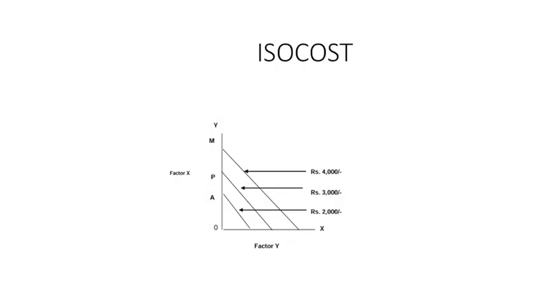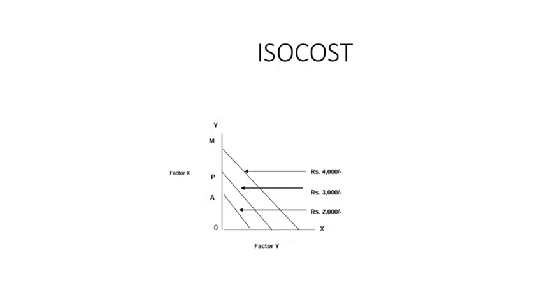Okay, then at what prices? He has to keep within the budget, and at 3,000 rupees, what will be the combination? How much can he acquire of these two factors, labor and machinery? But here he has only 3,000 rupees.